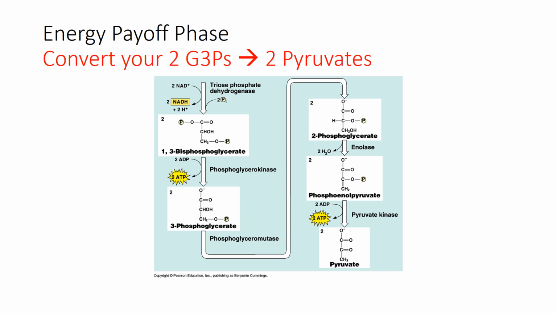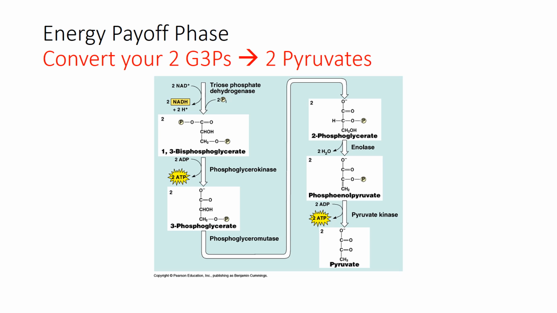phosphoglycerokinase. Okay, kinase, once again, doing phosphates, but this time it's pulling a phosphate off the molecule 1,3-bisphosphoglycerate and adding it onto ADP. And that's right, guys, this is substrate level phosphorylation. And remember, there are 2 of these molecules, so this is happening twice, and so we're getting a total of 2 ATPs out of this.